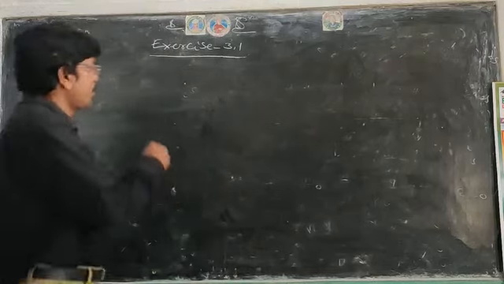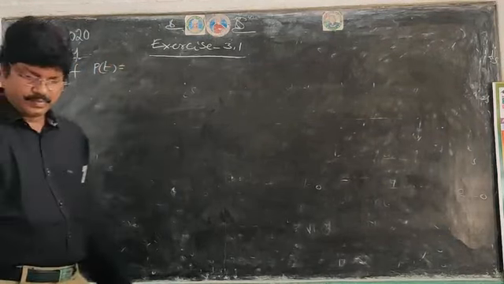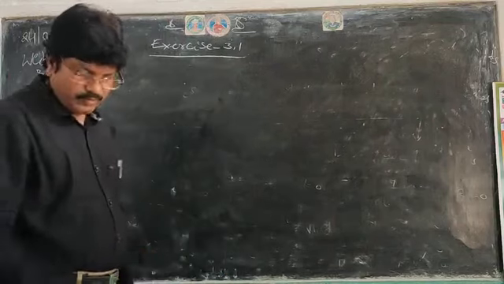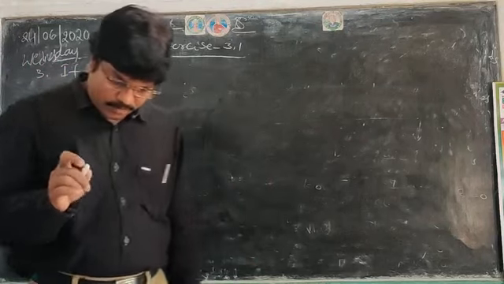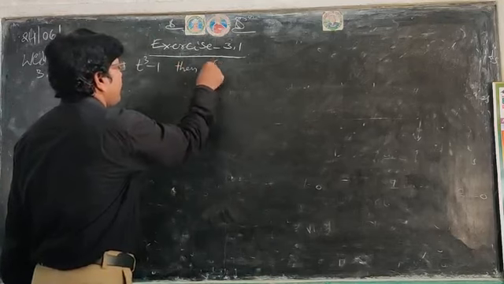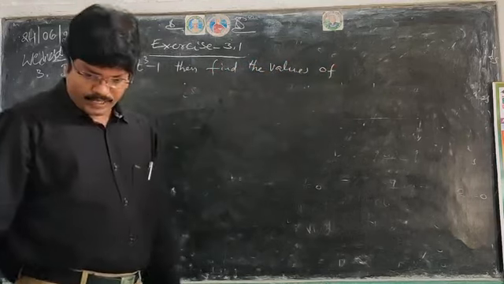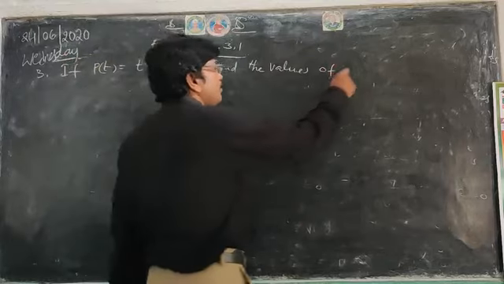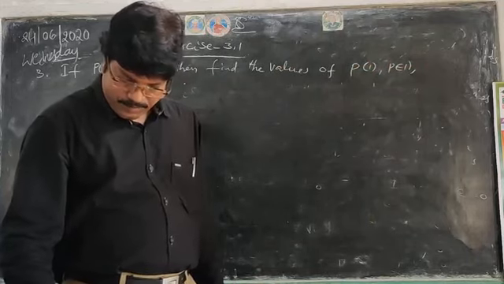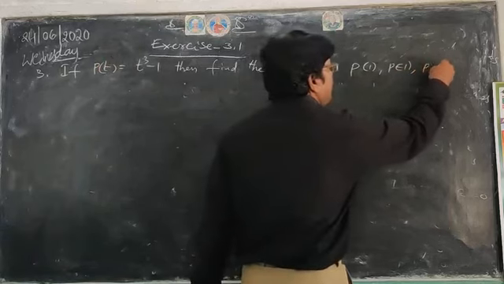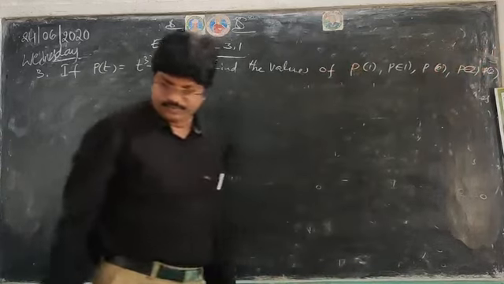The third one: if p of t equal to t cube minus 1, then find the values of p of 1, p of minus 1, p of 0, p of 2 and p of minus 2.